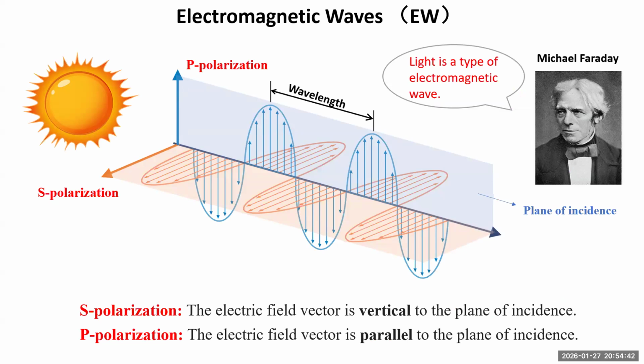Because light is a type of electromagnetic wave, and it can be further divided into two vectors, p polarized light and s polarized light. For the s polarized light, its electric field vector is perpendicular to the plane of incidence as a reference. And for the p polarized light, the electric field vector is parallel to the plane of incidence, as shown in the blue region.